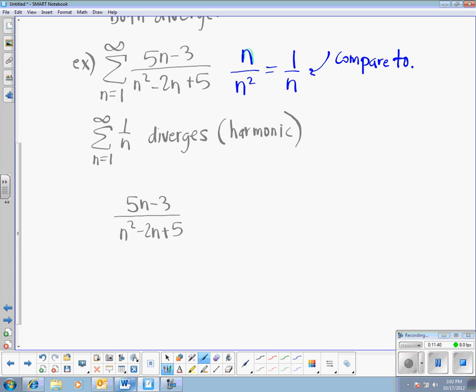And the one I'm comparing to, the one that I know about, is 1 over n. I'm going to take all of that mess and take the limit of it and see what I get. All right, it looks pretty bad right now, but we'll fix it up.